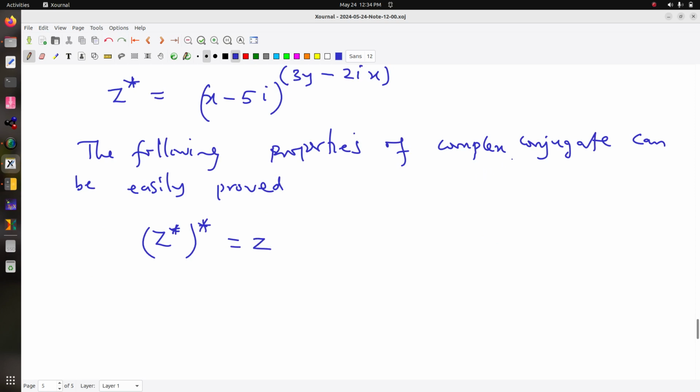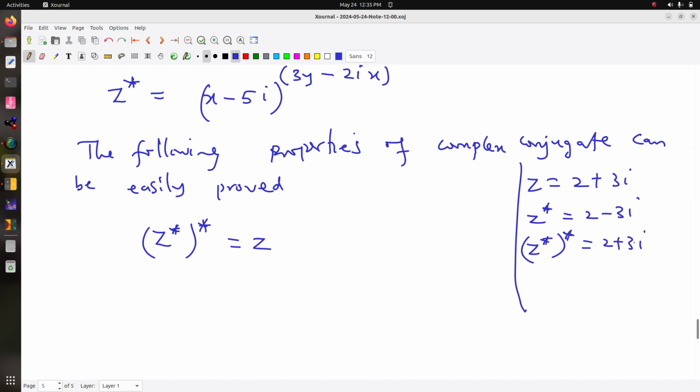For example, if z equals 2 plus 3i, the complex conjugate is 2 minus 3i. If you find the complex conjugate of that again, it will be 2 plus 3i, back to the original complex number. So the complex conjugate of a complex conjugate is just the complex number.